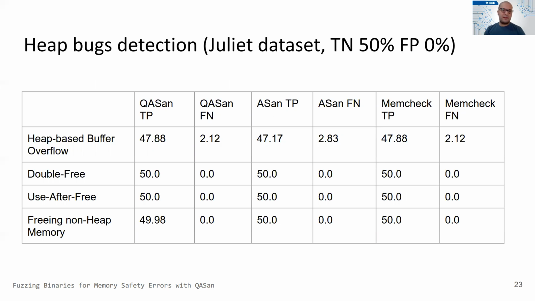In terms of efficiency, QASan is just like all other sanitizers or memory checkers. In this case, you can see that it's slightly better than ASAN, because we sanitize the libraries. ASAN has hooks, but not for all the library functions, so it can miss something. And we are just like Valgrind in terms of performance, almost.